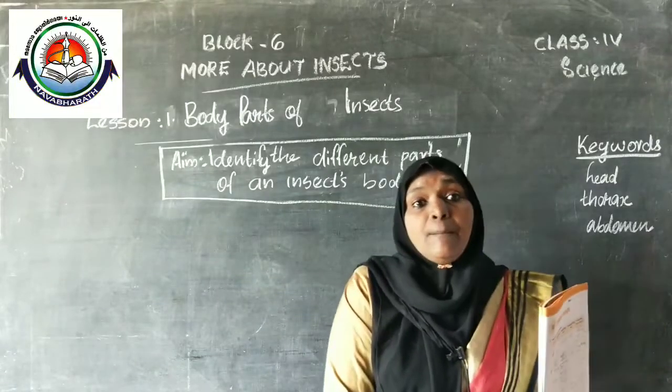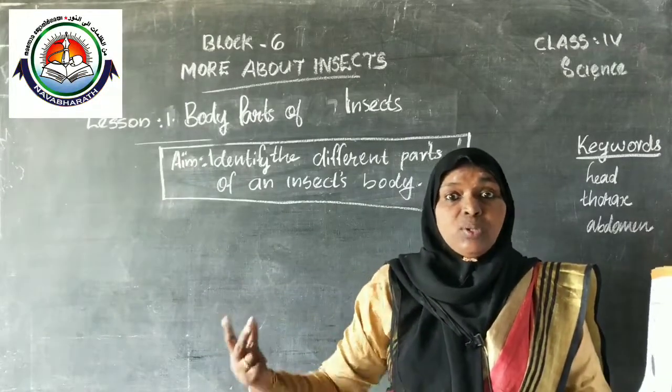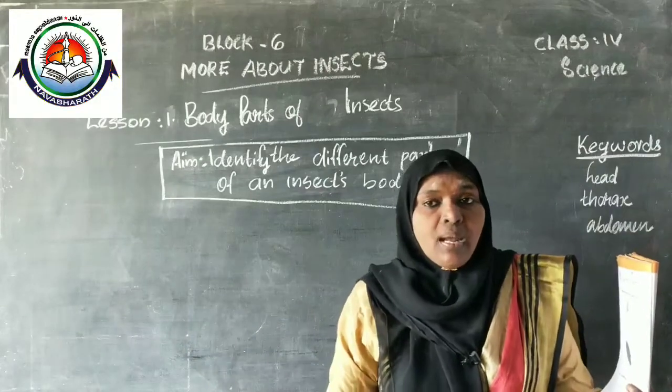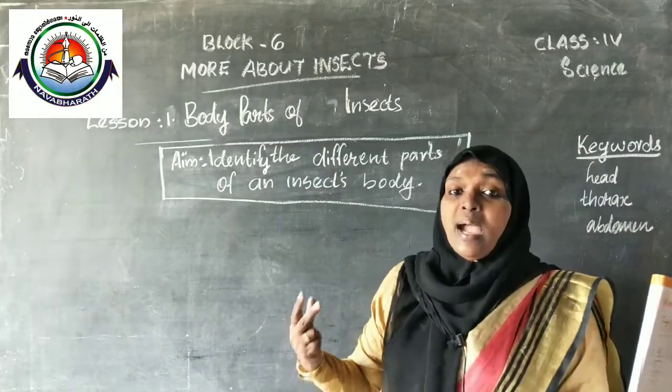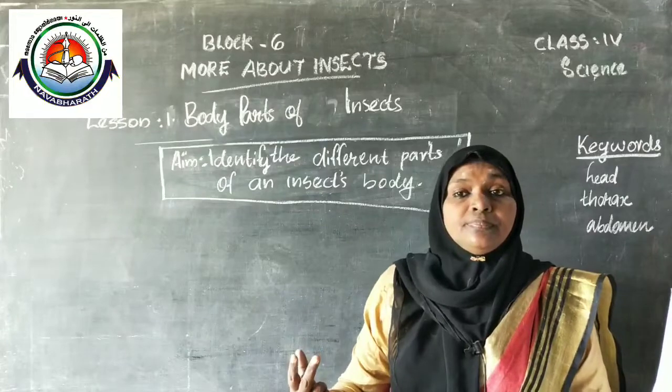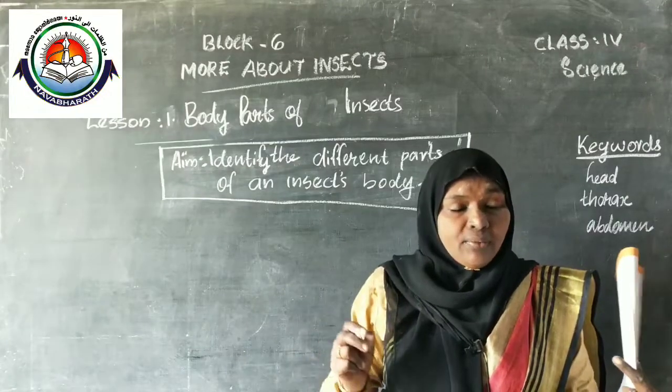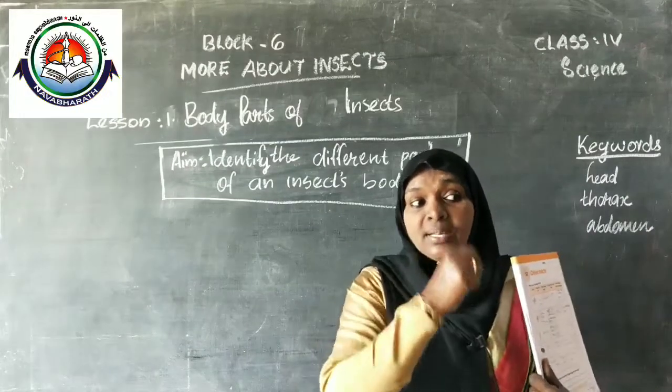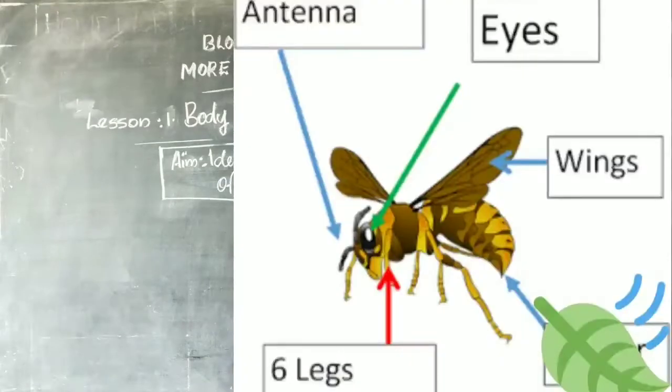We learned the parts of insects: head, thorax and abdomen. But how can we identify the parts? Okay, we can identify the eyes are in the head. Very good. We can identify the eyes and antenna are attached to the head part.